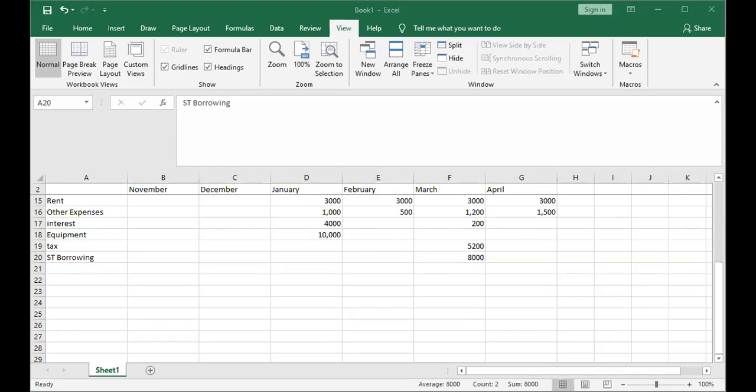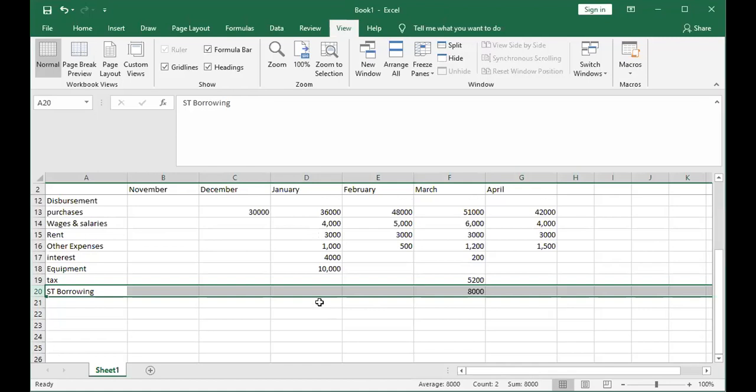Whenever you finish finding any disbursement, you just calculate the amount of the disbursement.